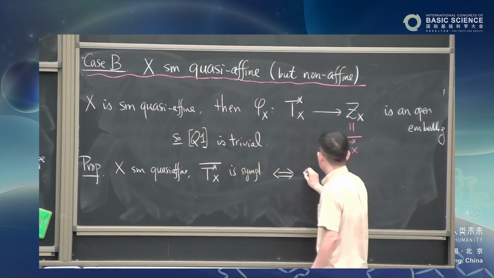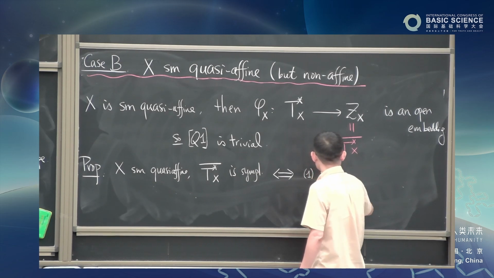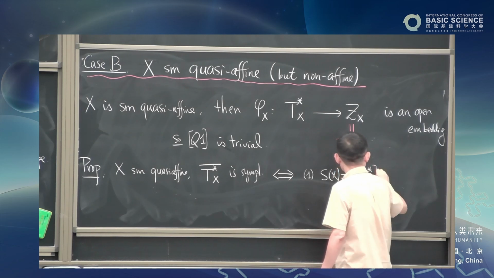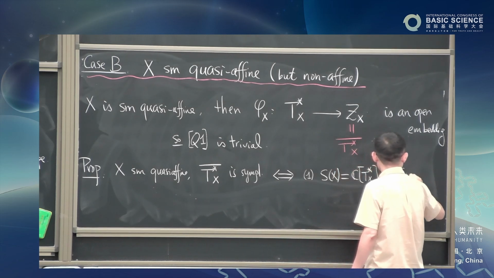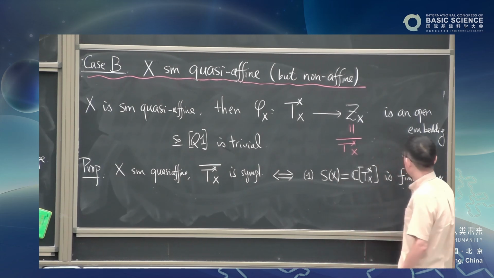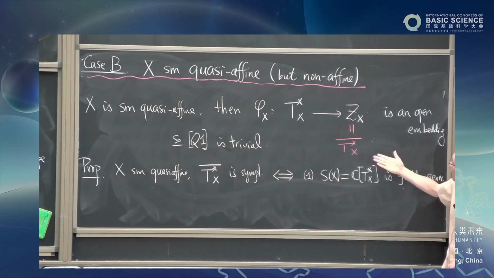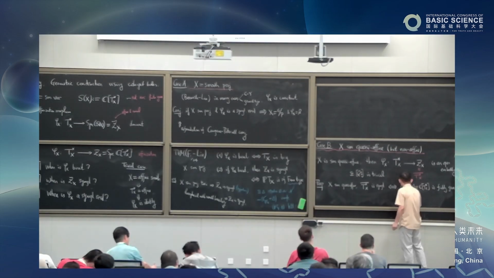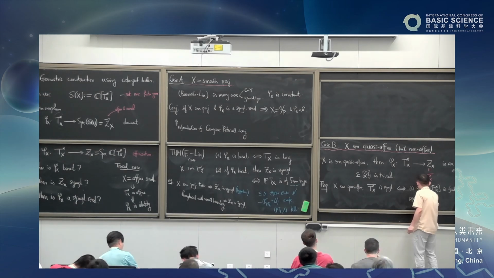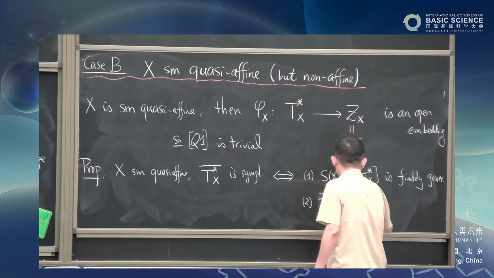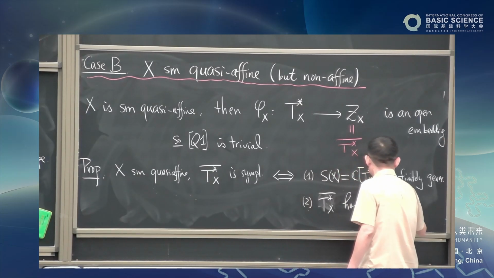First of all, S_X, remember S_X is just the regular functions on the cotangent bundle, is finitely generated. Why do we need this? Because we would like to have a variety, so we need this to be finitely generated. And secondly, it has symplectic singularities, or just the cotangent bundle has only rational Gorenstein singularities.